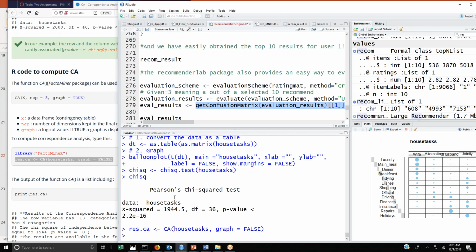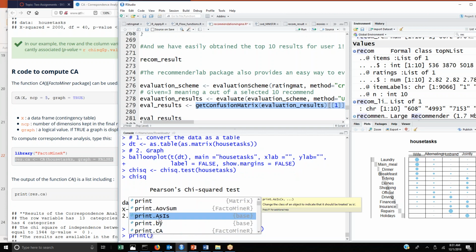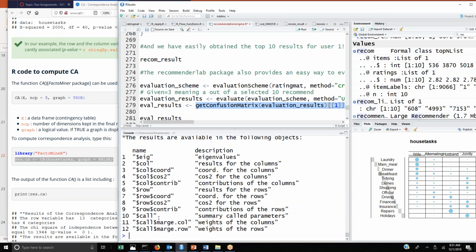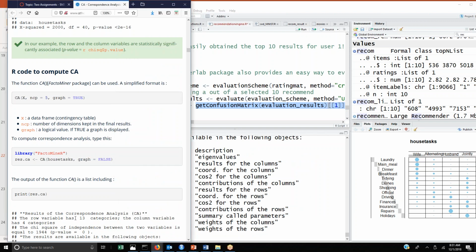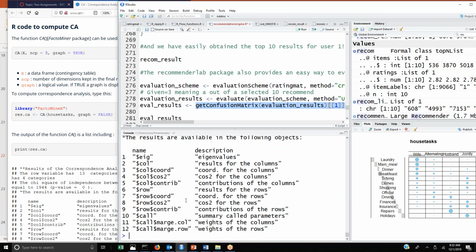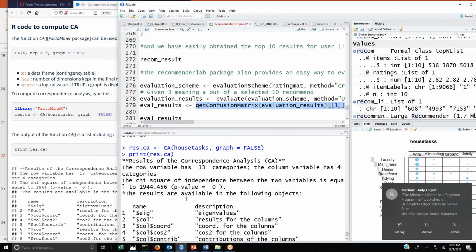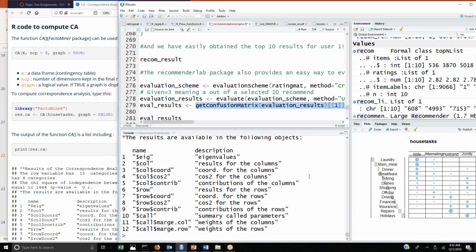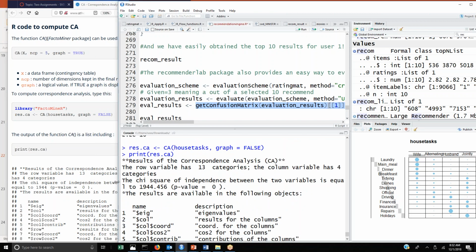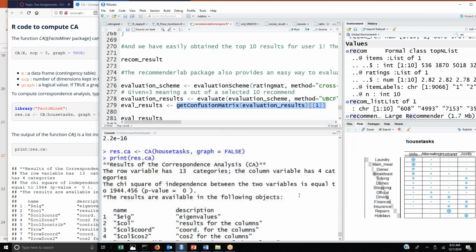Let's run that, and of course it runs very fast. These are the possibilities. The row variable has 13 categories. The column variable has 4 categories. Because it is qualitative, we call them categories, but they can be ordered categories also.